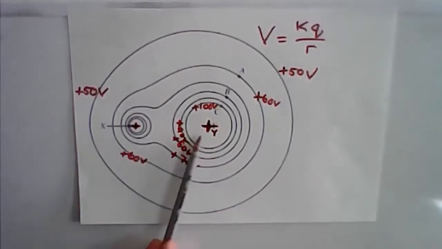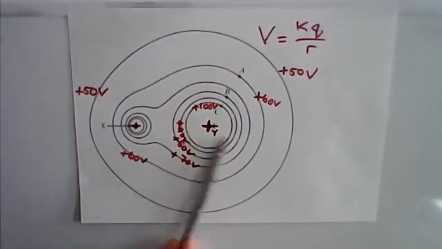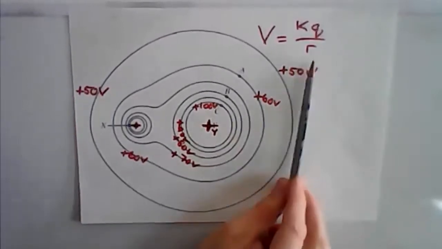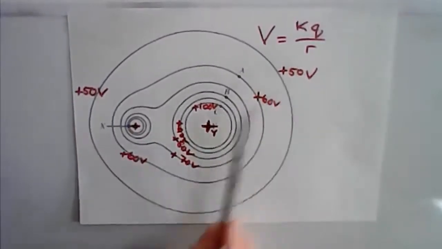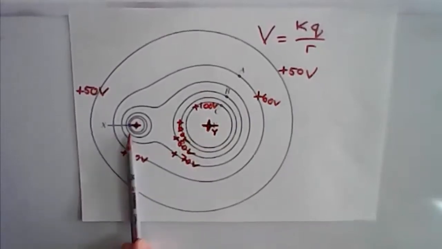That's why it looks over here like there's not much going on, but there is much going on, just further away. Because the distance is bigger to the 100-volt line, this charge has to be a bigger charge. Or charge Y is bigger than charge X.